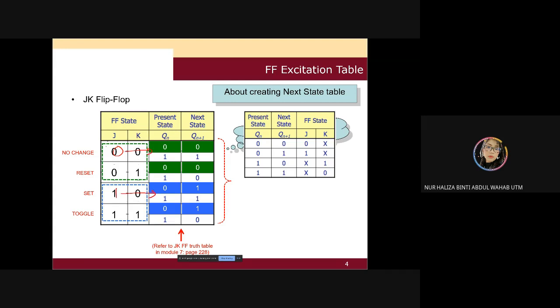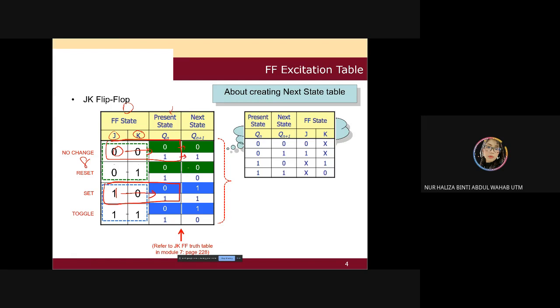So you have 4 tables. Just now for JK, we have 8 tables because we have 2 inputs. But for D, we have 0 and 1 only. We just have the present state 0, 1, 0, 1. So try to come up with this and get your next state.